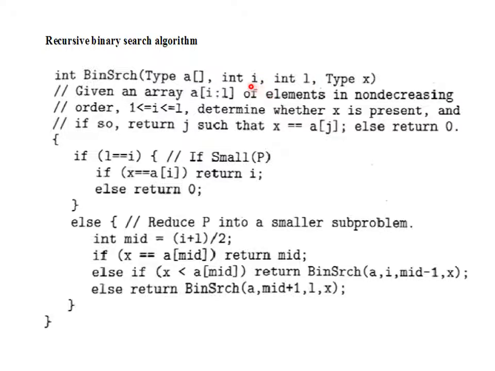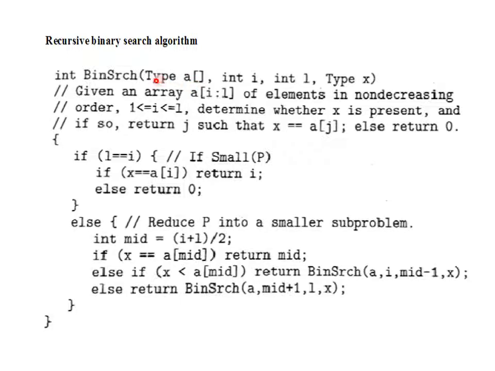Okay, so I indicates the lower index value and L indicates the higher index value, that is the upper index value, low and high. So in our case, if the number of items is 8, the lower index value is 1 and L is equal to 8, and type X. This type and that type are the same because we want to search for an item of the same type as the array elements, or list items.